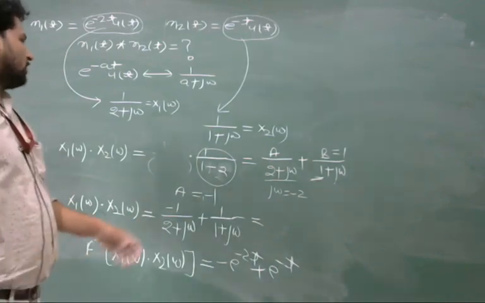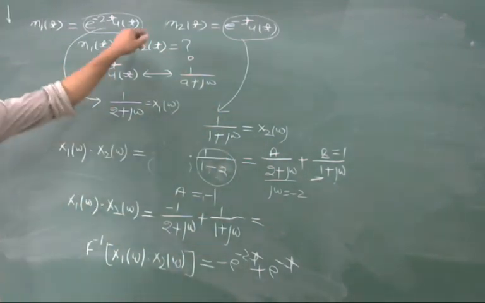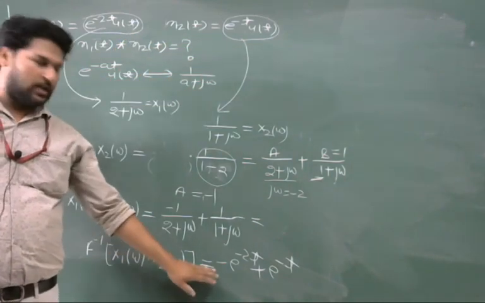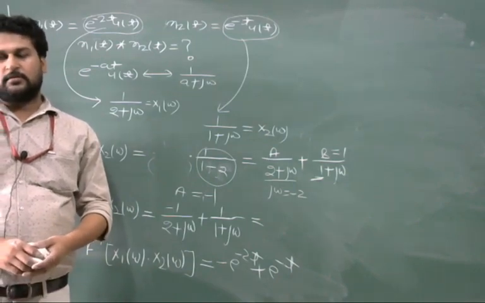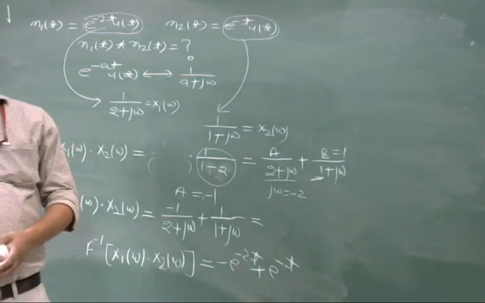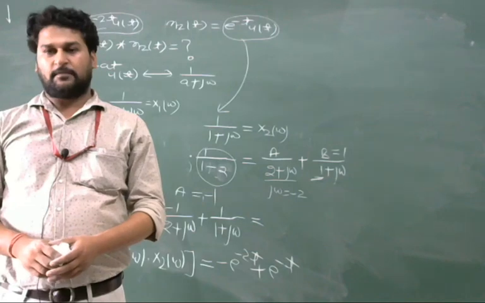This is how we can get the convolution of the given signals x1(t) into x2(t) without going through the formula of the convolution. So by including this example, we conclude this topic of Fourier transform.